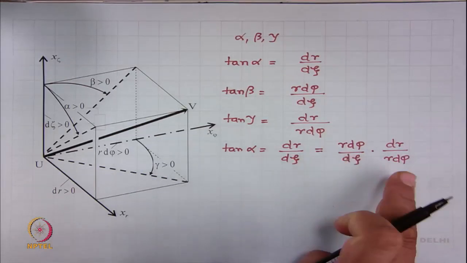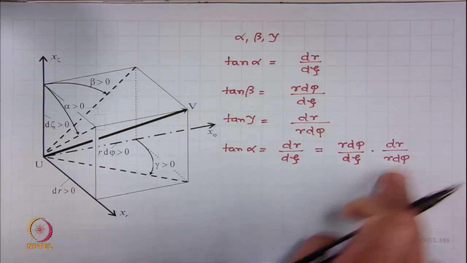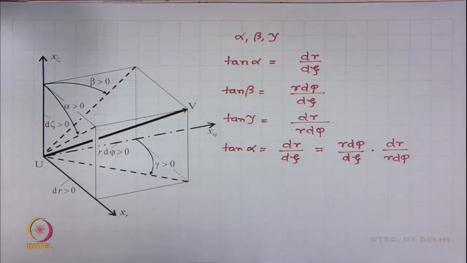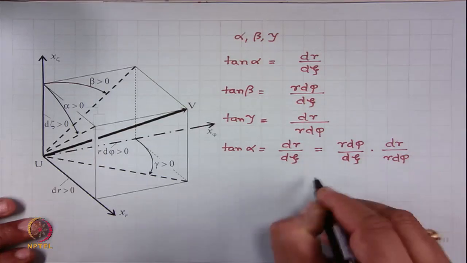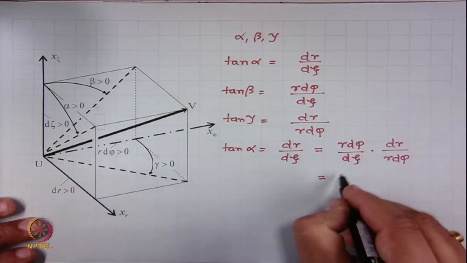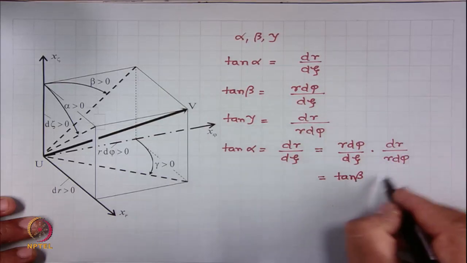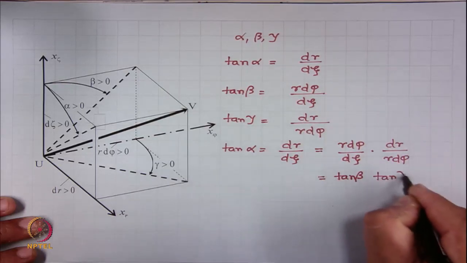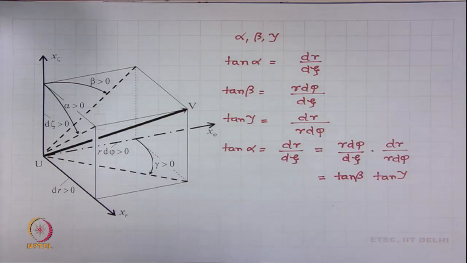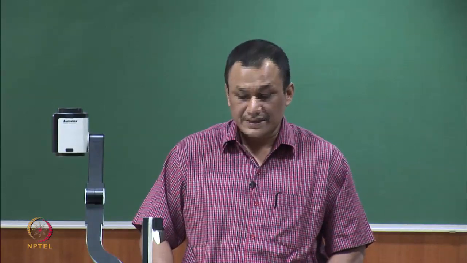This r d phi and this r d phi will cancel out. So, it will remain dr by d zeta. So, what is this? This is tangent of beta and this is tangent of gamma. So, these angles are also related.